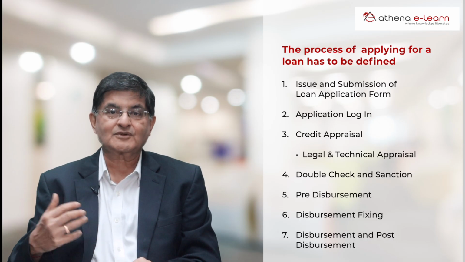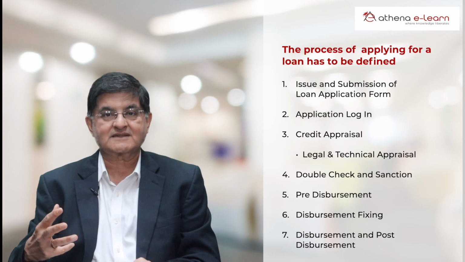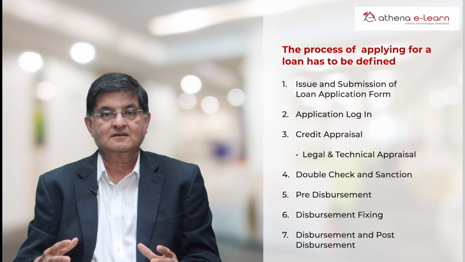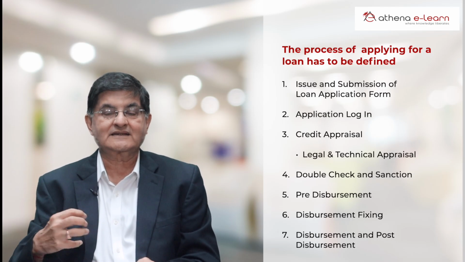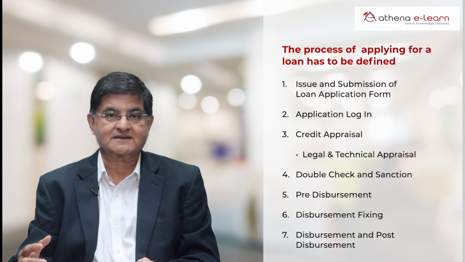You then have sub-processes, and I'm calling them sub-processes because they are part of the overall scheme of things, which is on the legal side and the technical side, doing the legal appraisal and the technical appraisal.